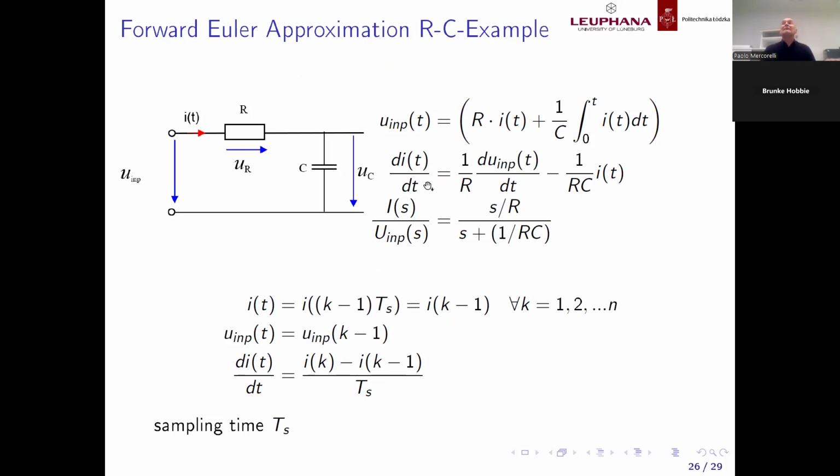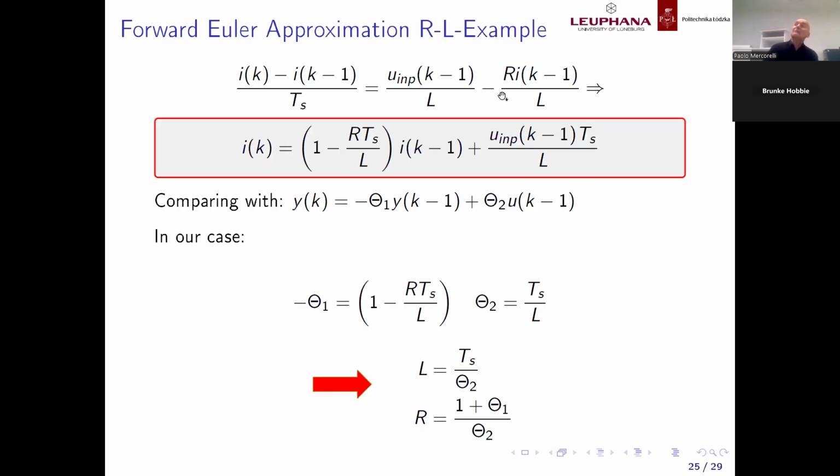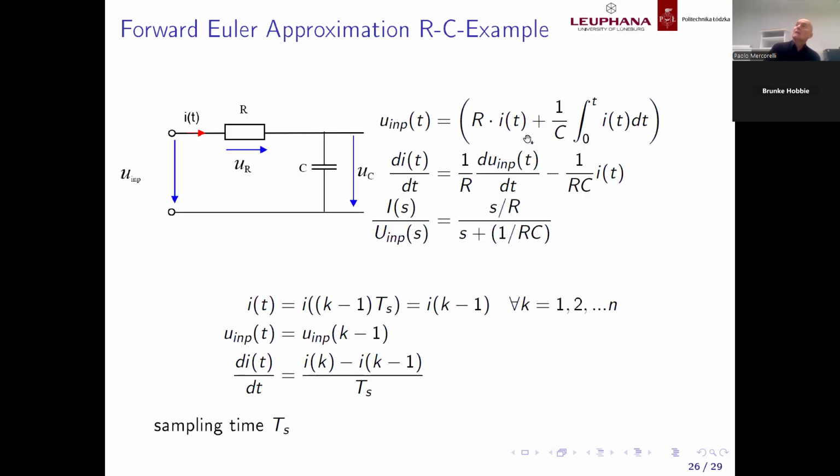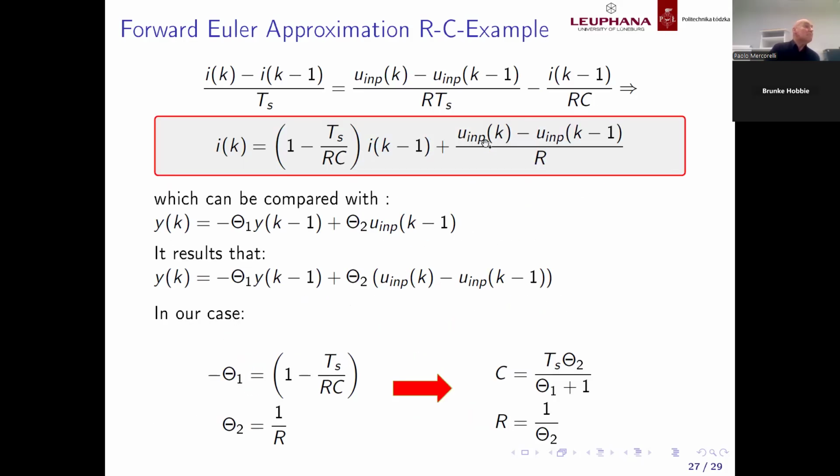If I make the derivative of the state explicit, we need something more: we also need the input at time k. This means the length of the window is the same, but I have to consider not only u(k-1) but also u(k). At the end, we have a different expression. I can nevertheless calculate C and R as a function of theta 1 and theta 2. But of course, the model is a little different.